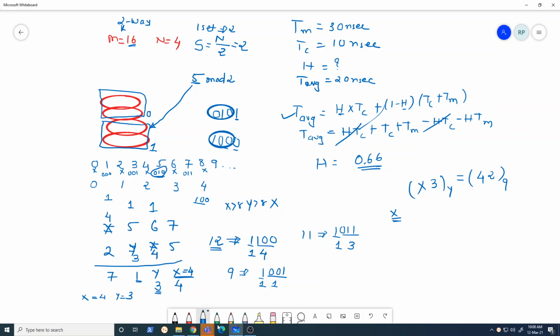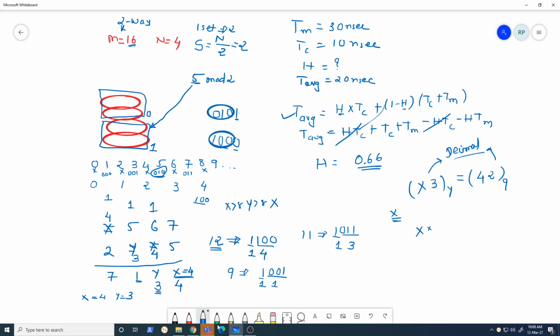So how we can do it? The common platform is decimal representation. Convert this into decimal and this into decimal, so you can easily compare, right? So how we can convert this number into decimal?